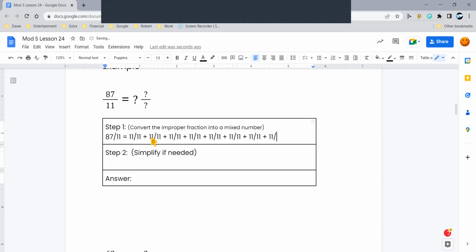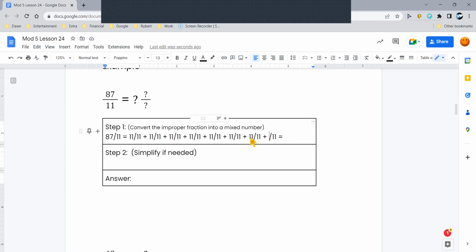And if I add 11 more, you guys, I get 88. Well, I know I can't have 88 because my number's 87. So I'm going to take this 11 off right here because I know I need a different number. Right here, I have 11, 22, 33, 44, 55, 66, 77, but I need to make it up to 87.